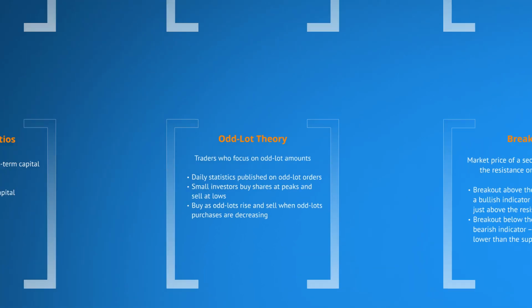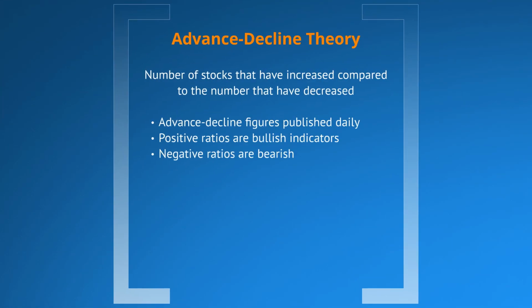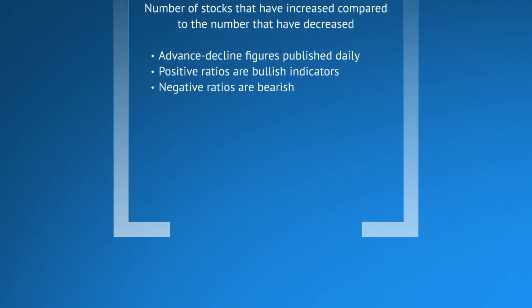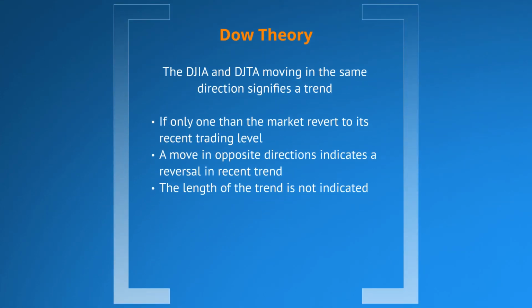There's odd lot theory, which focuses on the activities of smaller investors who can't buy in full round lots. And we also have advanced decline theory, which looks at the number of stocks in an index or in the general market of how many are increasing and how many are decreasing in price to give us a bullish or bearish indicator. We have Dow Theory, which compares different Dow Jones indexes.